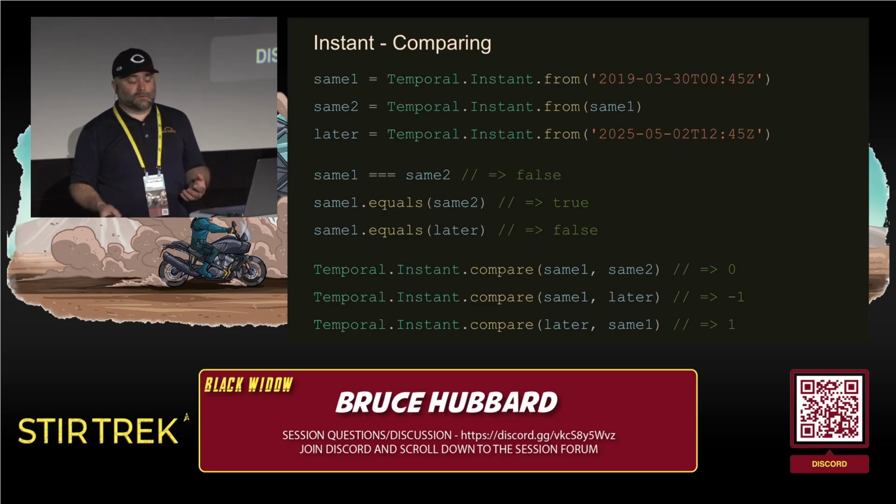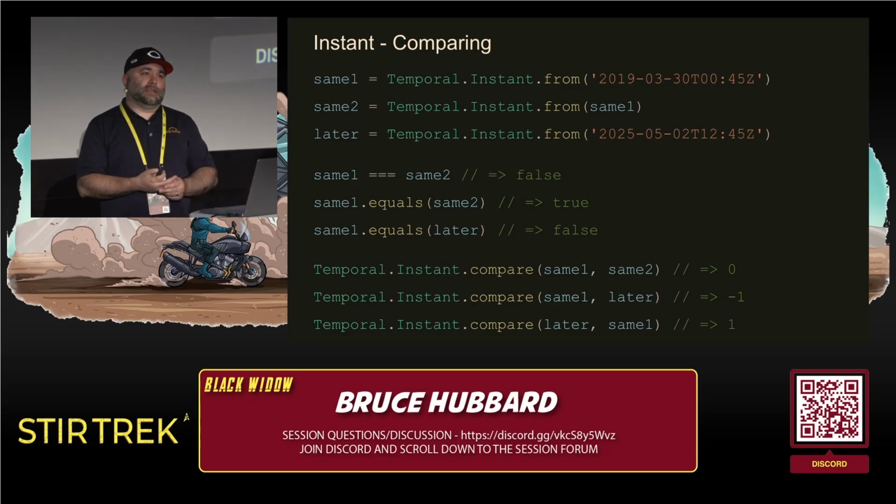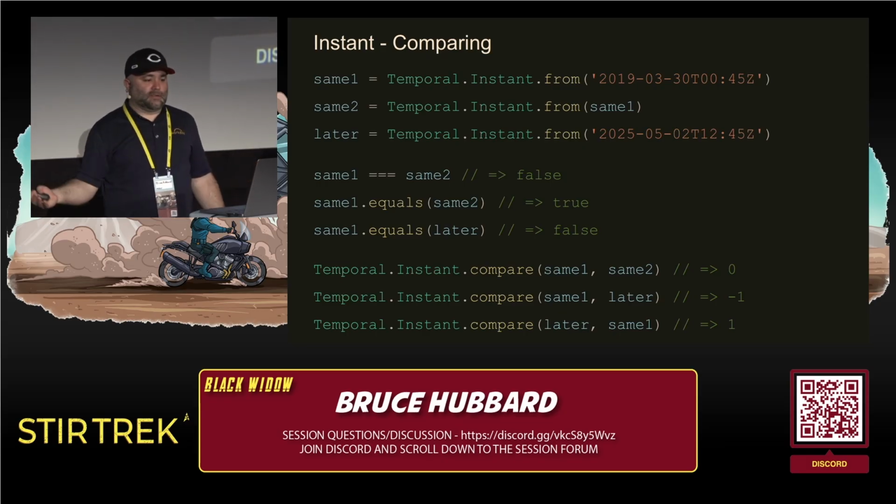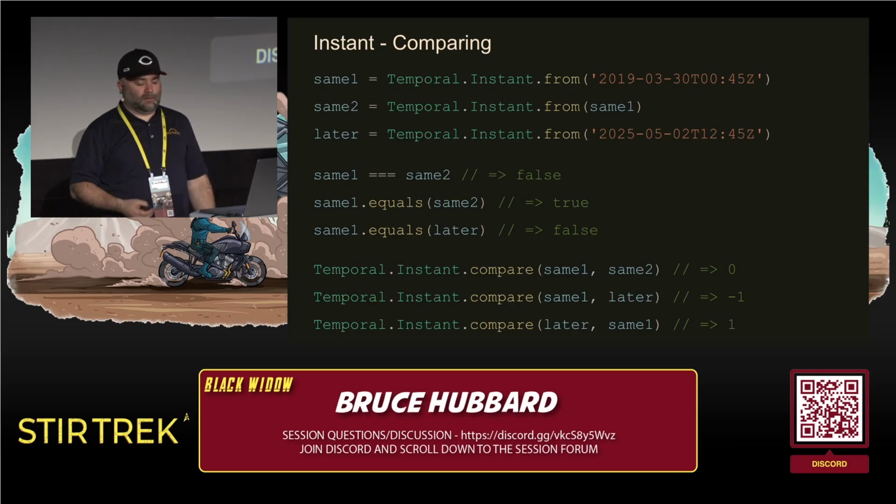So you have to use dot equals. And the bottom one shows that there's a static method on all 7 of these new types called compare, and you can pass it two objects, and it will return 0 if they're the same, or less than 0 or greater than 0 depending on whether the first is earlier or later.